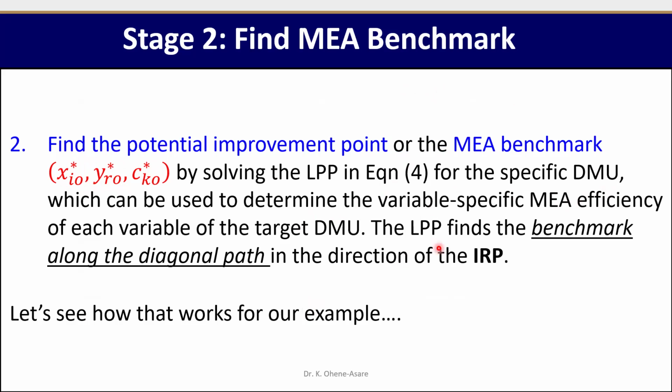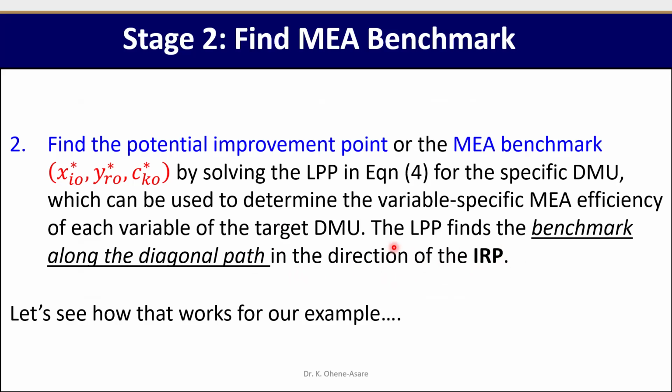Now watch here. What you're about to see now is that we are going to find the MEA benchmark. But to find that, we find that along the diagonal path. I'm saying the word diagonal because we are going to calculate mathematically the diagonal. You all saw it in the direction of the IRP, whereas the DE was in the direction of the origin. This one is in the direction of going upward to the target, the MEA target or MEA benchmark.